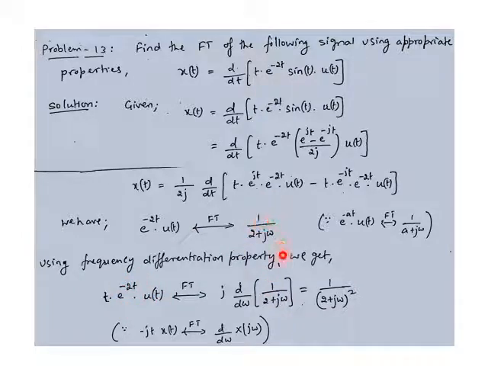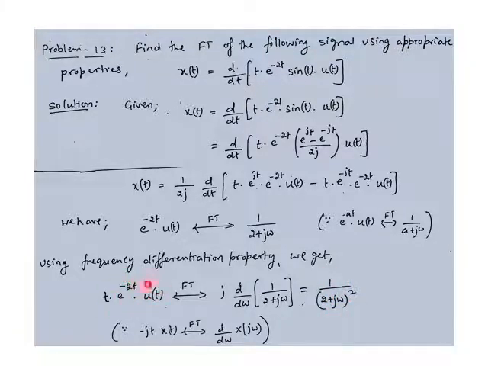Its corresponding X of j omega is 1 by 2 plus j omega. So the differentiation of 1 by 2 plus j omega will be minus j divided by 2 plus j omega whole square. Minus j into plus j will be minus j square, which is plus 1. So 1 by 2 plus j omega whole square is retained.